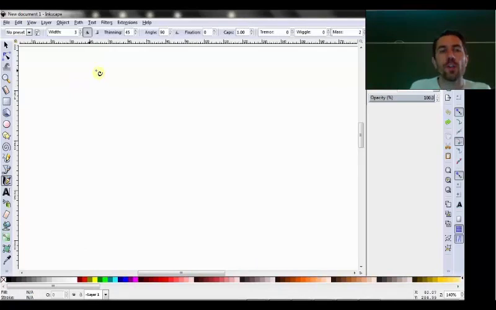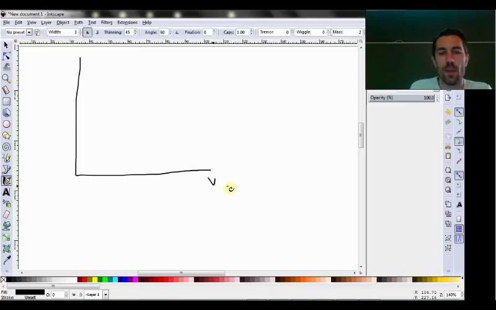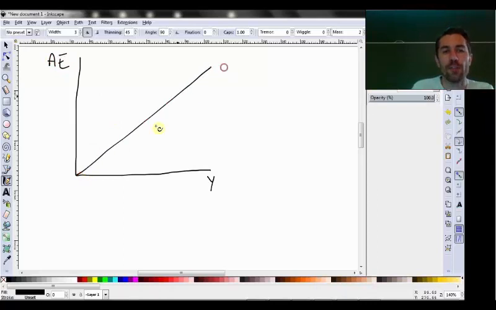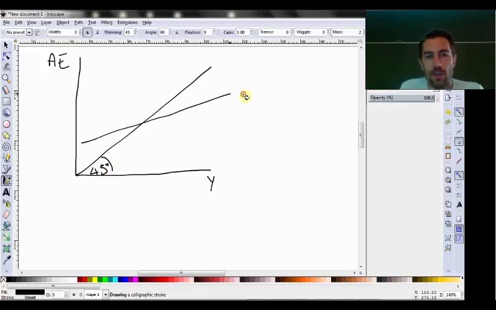You're going to plot your initial aggregate expenditure curve. If we're plotting aggregate expenditure, we've got output against aggregate expenditure. We have a 45-degree line.